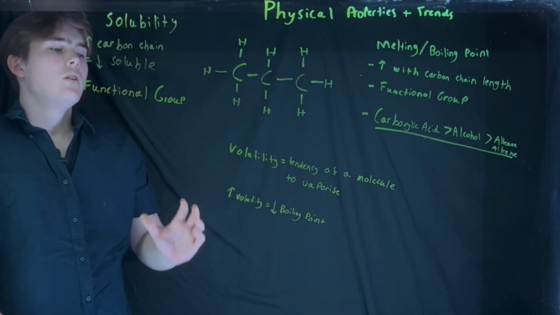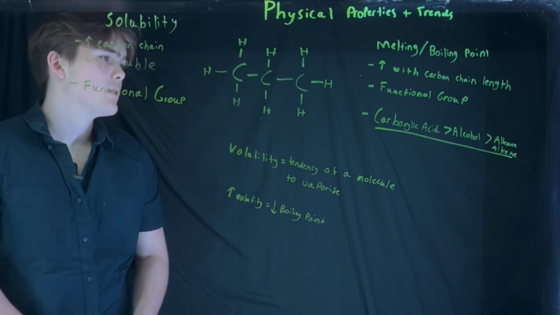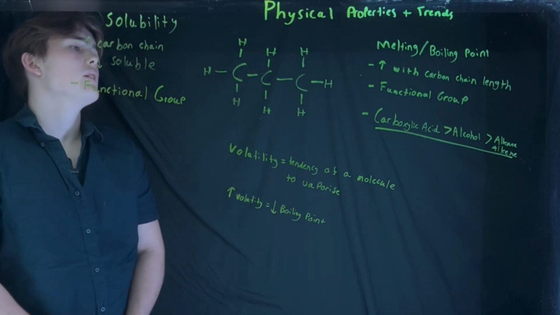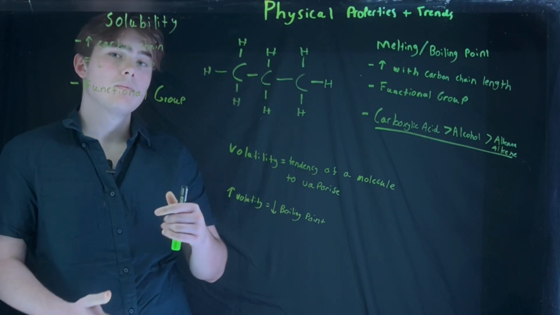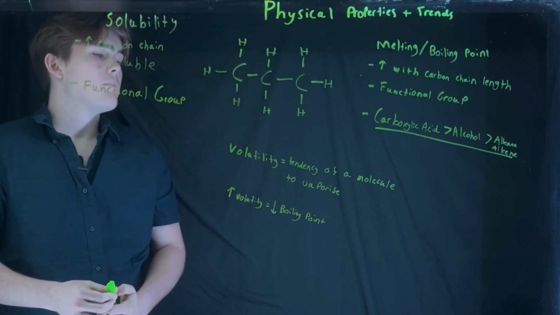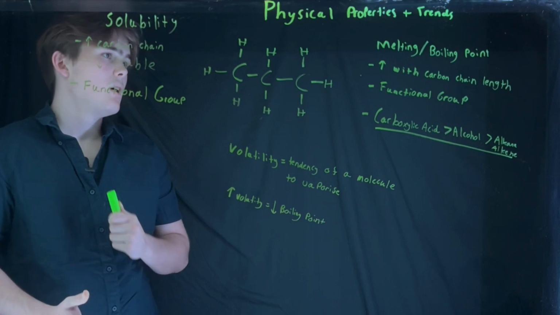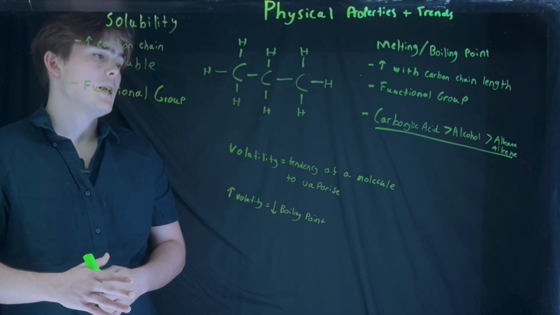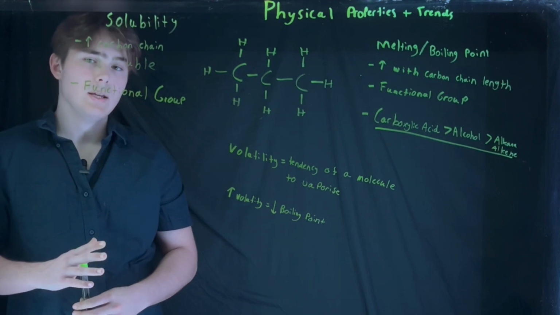Okay. So if we link it back to what we were talking about before, if we have an increased carbon chain length, that is going to decrease the volatility because it makes it harder for that molecule to boil. Alright, so if we have a carboxylic acid, that is generally going to have a lower volatility than an alkane or an alkene.